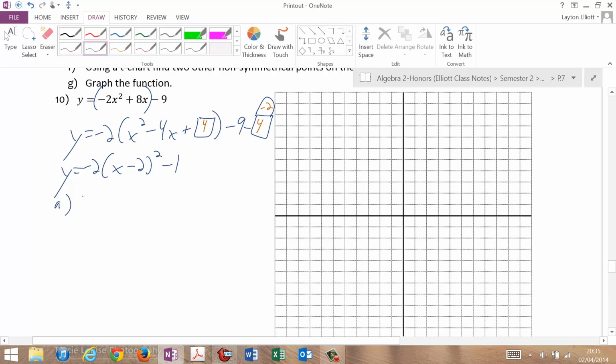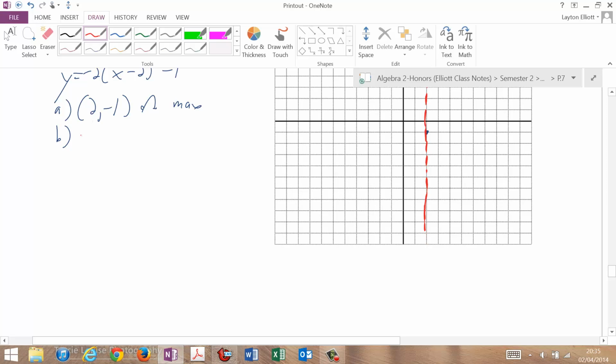Part A, I know that my vertex is (2, negative 1). It's a downward parabola, so the vertex is a max. For part B, after I plot (2, negative 1), my vertical axis of symmetry is x equals 2. I'm going to write that as x equals 2.